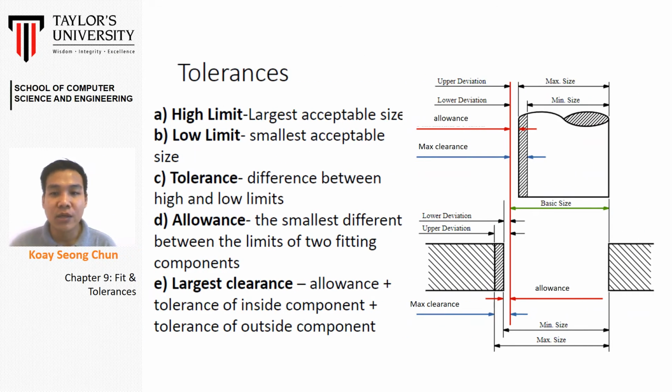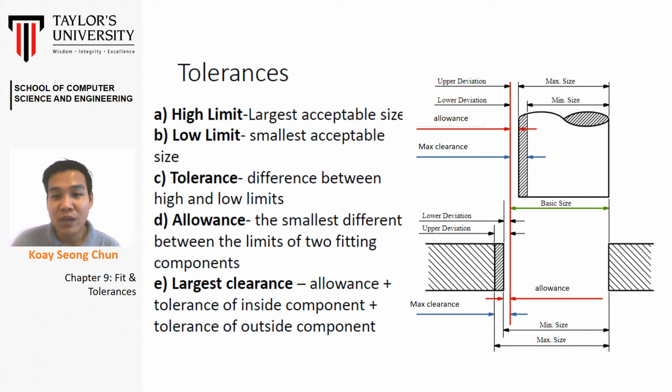For tolerance, you must understand that there must be a set of values, where you have a higher limit and a lower limit. We can also call them the upper deviation or lower deviation. What does it mean? For example, I can show in the figure here I have a shaft.